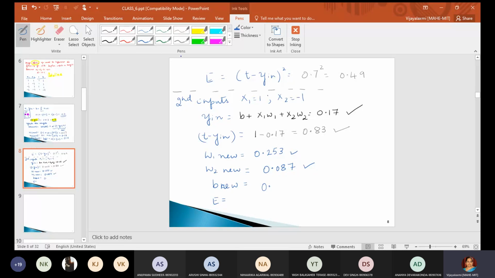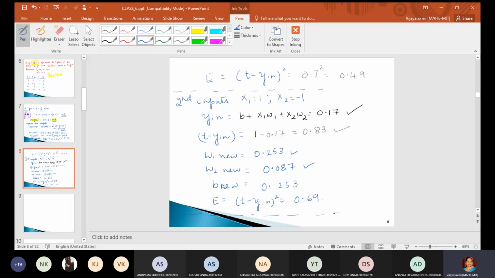What is B new? 0.253, ma'am. Yeah, it should be 0.253 because it is the same as that of W1 new, because the learning rate 0.1 into 0.83, and of course it is 0.253. So error is equal to t minus y in whole square, which is nothing but 0.83 square, which is equal to 0.69.